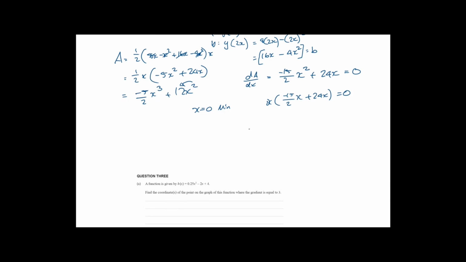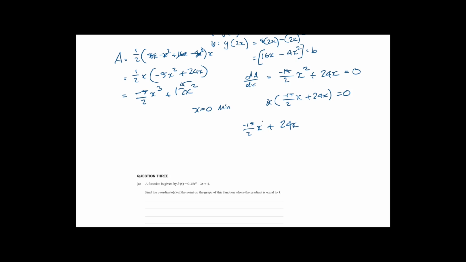So when we set minus 15 over 2 x plus 24... is there an x that I've missed there?